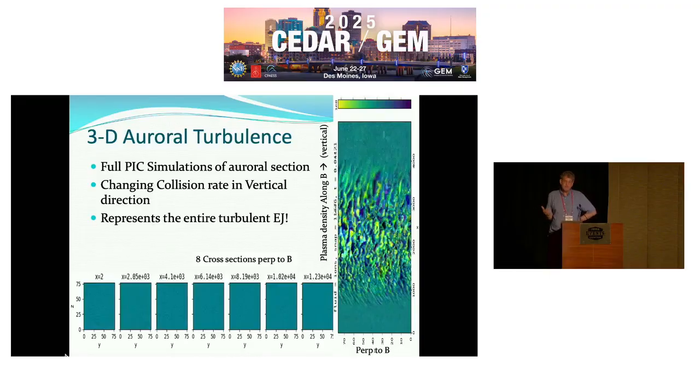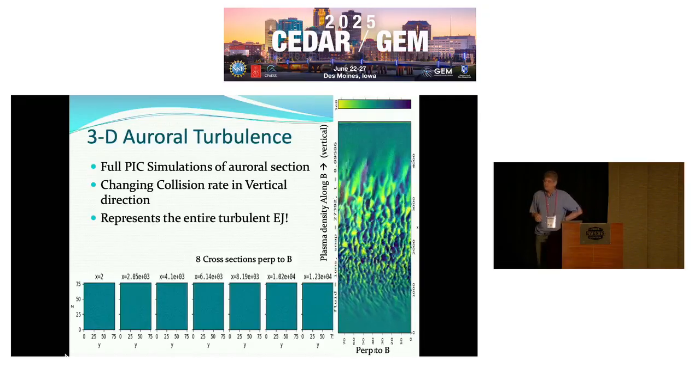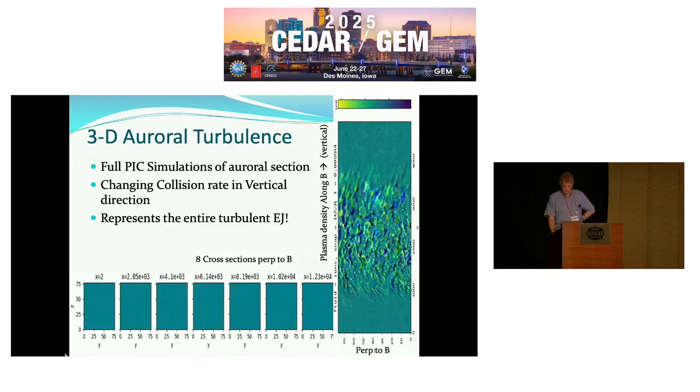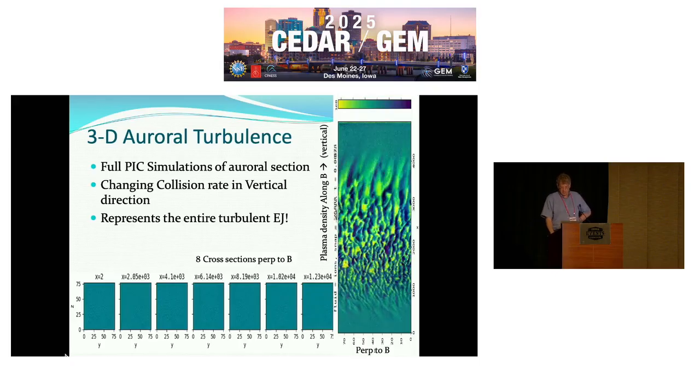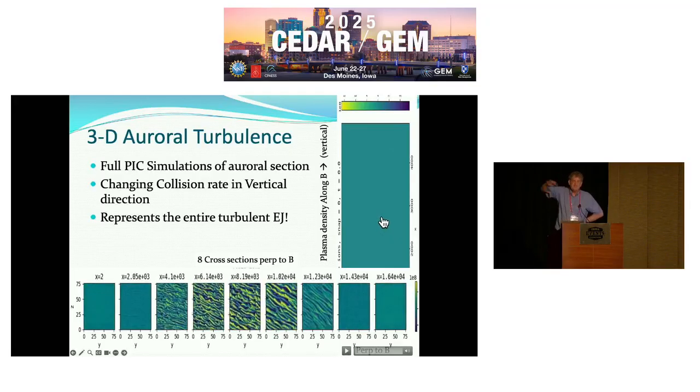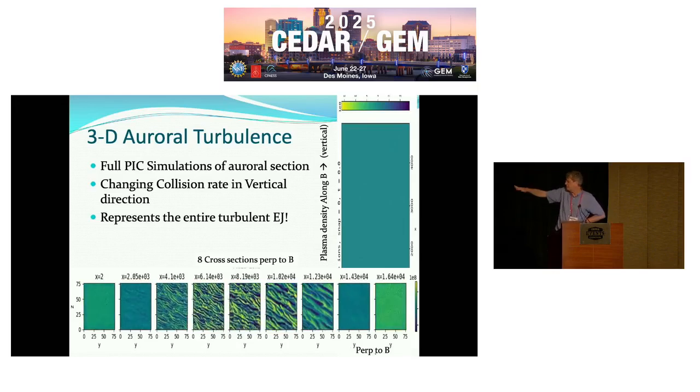And the question is, what is the impact of that? We've never really been able to explore it. It's a tricky thing to explore even analytically. But now we have this tool that can help us explore it. Let me see if I can get this working properly. What you're looking at now is just 8 cuts in the other direction. There are all these altitudes, and I picked 8 altitudes, and you can see all the waves.